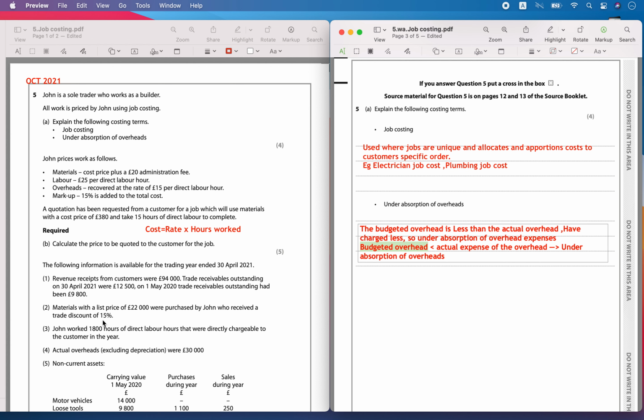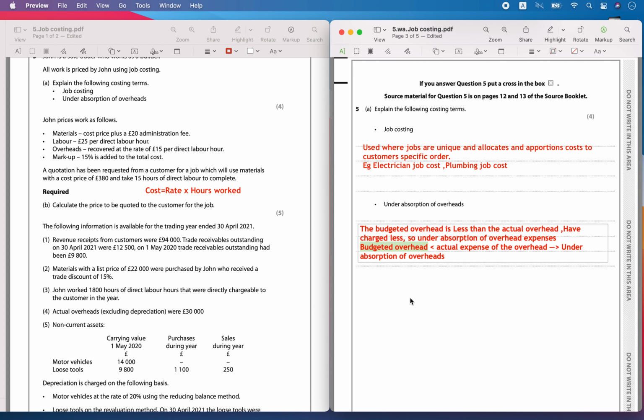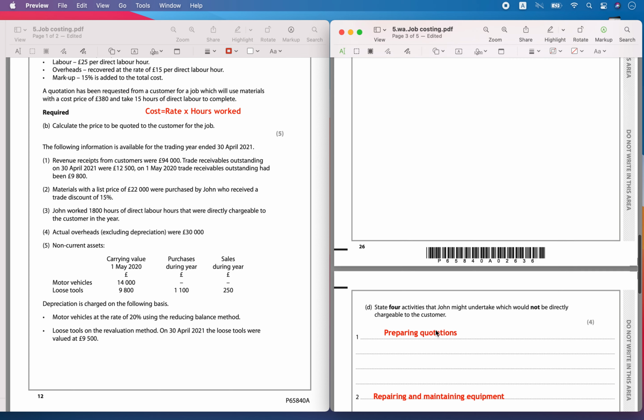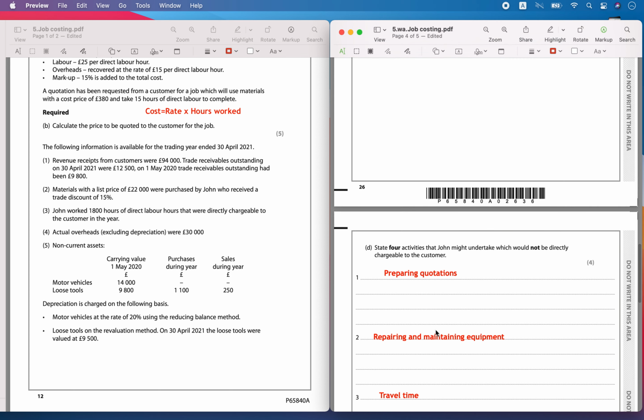Budgeted overhead will have different parts: it will have revenue, material costs and other expenses. Overhead expenses include the rent, rates, lighting, electricity, which must have gone up due to inflation or something, and my overhead recovery rate was not able to recover the actual expense.